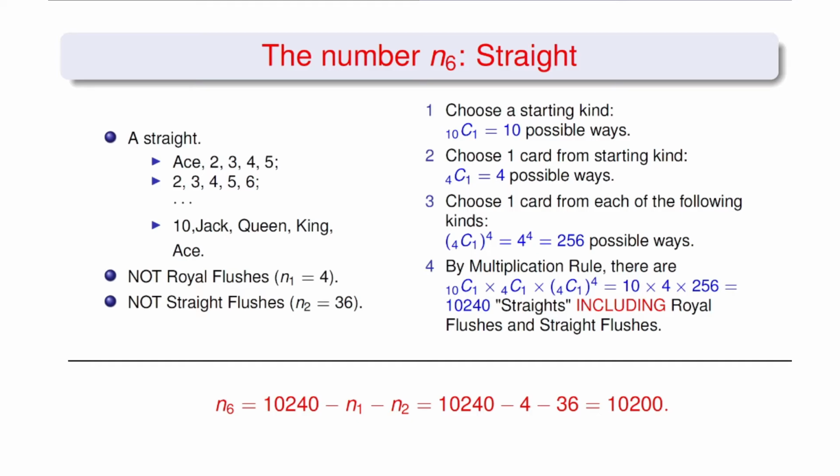All right, next is the three of a kinds. Three of a kind, all right, number N7. How to find the number N7? In order to be three of a kind, we have to be careful. Firstly, we have three of one kind. For instance, we have 3 kings.